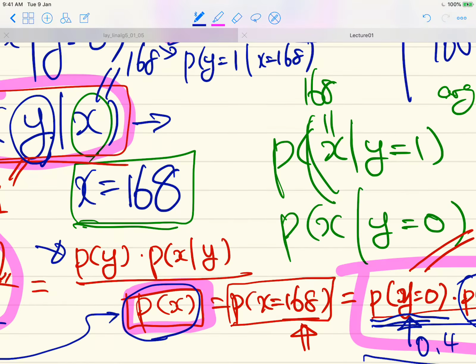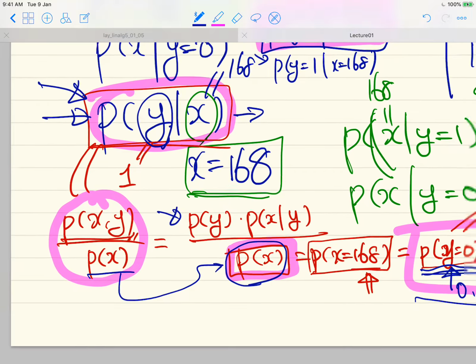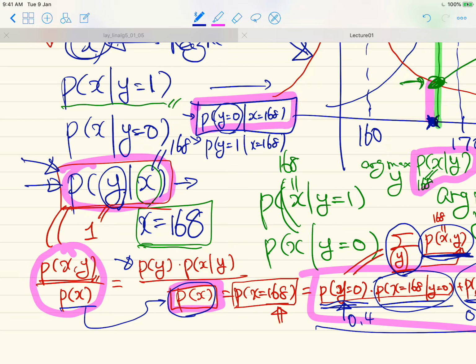Okay, so here the numerator should also follow y being equal to 0, right? And so in this case, p of y being equal to 0 times p of x equal to 168 given y equal to 0.